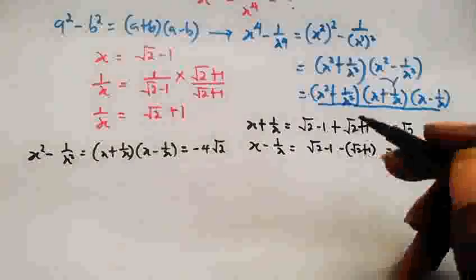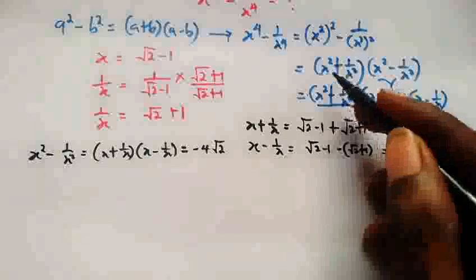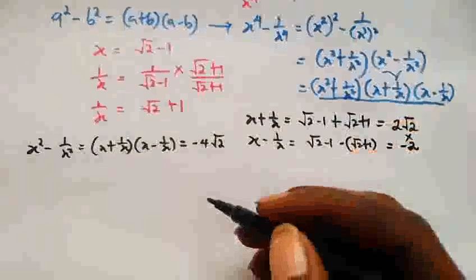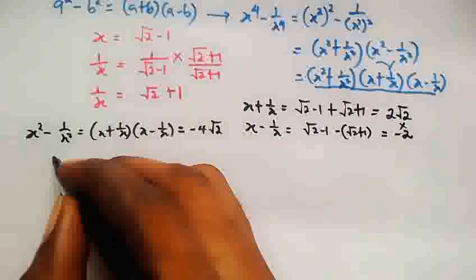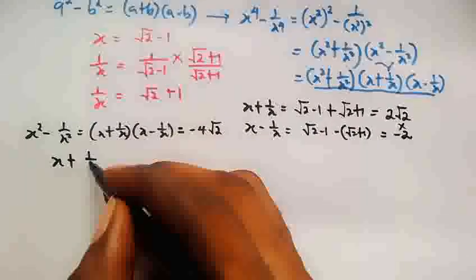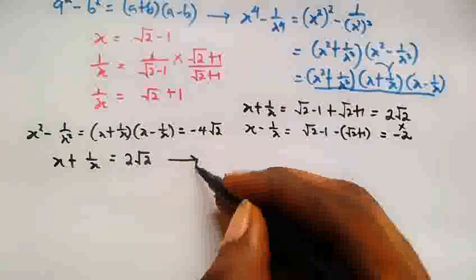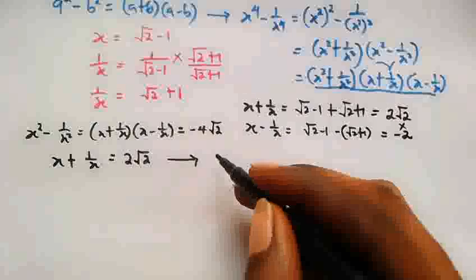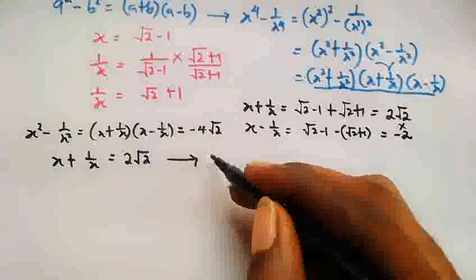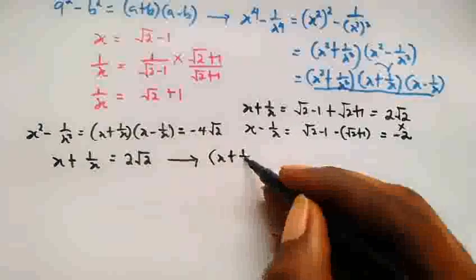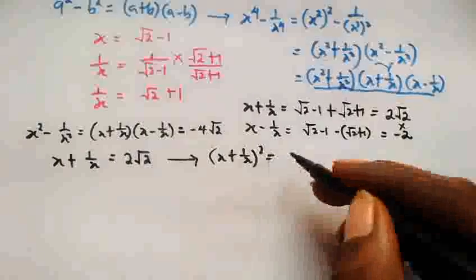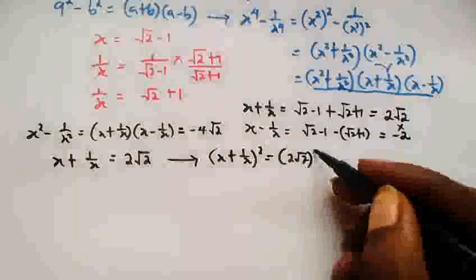Now how do we find the value of x raised to power 2 plus 1 all over x raised to power 2? Since we already have that x plus 1 all over x is equal to 2 root 2, we're going to expand both sides of this equation. So we have x plus 1 over x squared is equal to 2 root 2 squared.